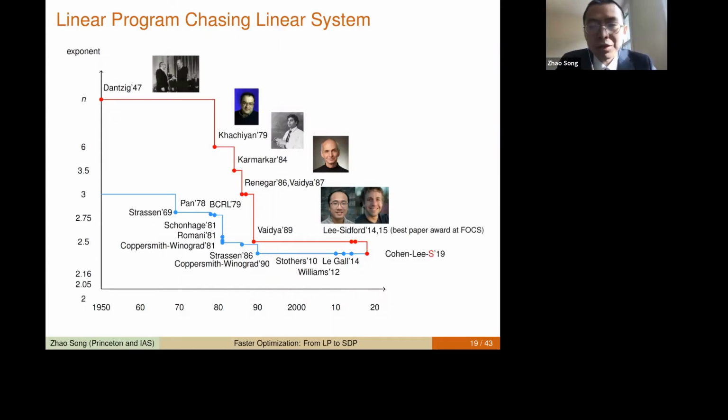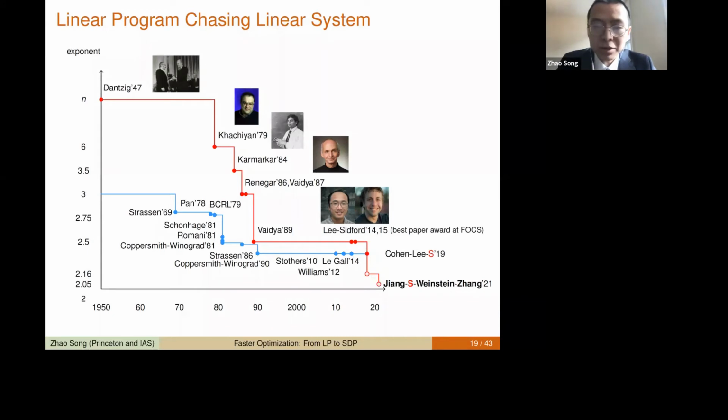Two years ago, we had a paper in which we show that for the current omega, we can solve LP as fast as a linear system. For omega equal to 2, our algorithm runs in n^2.16. In recent work, we improve this 2.16 to 2.05.